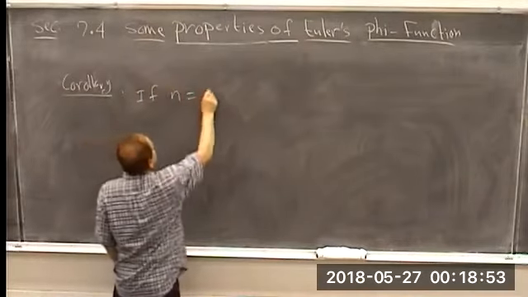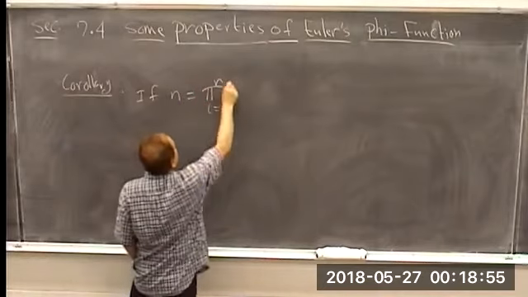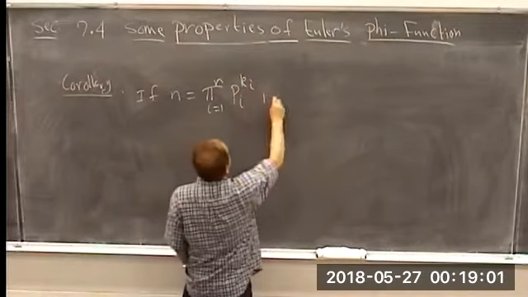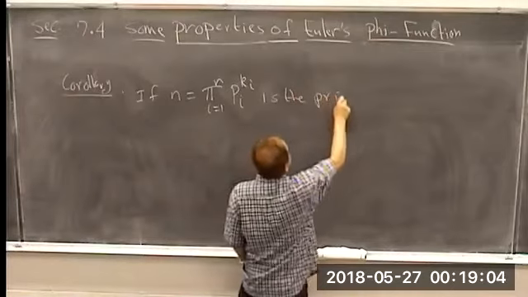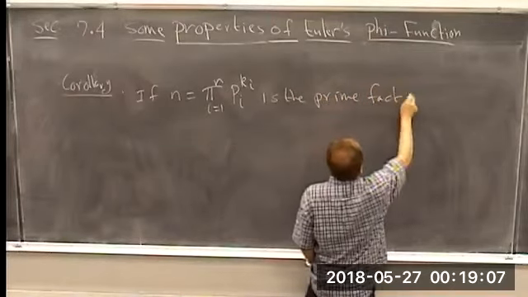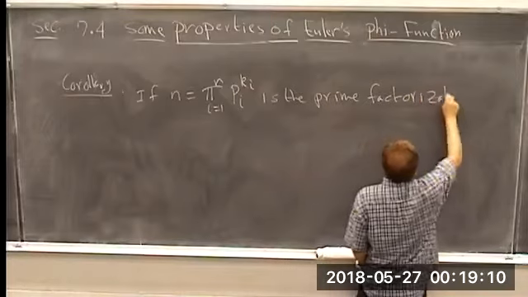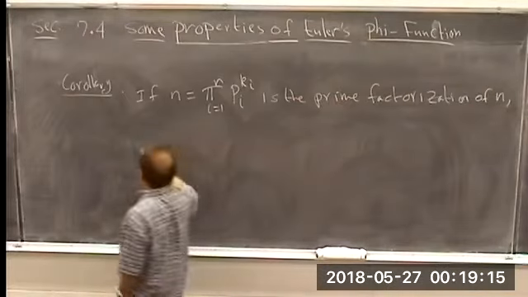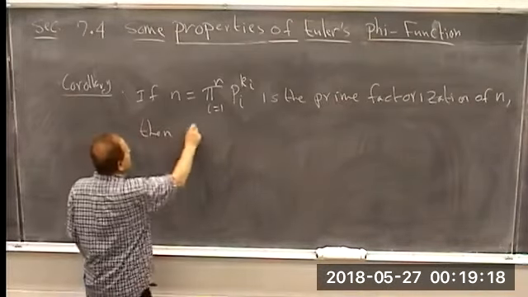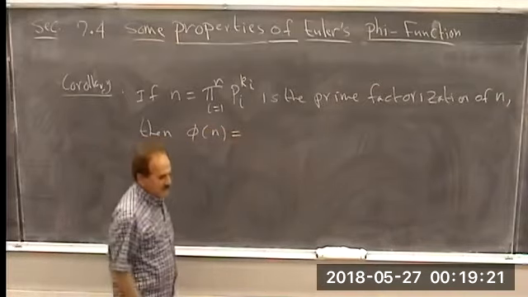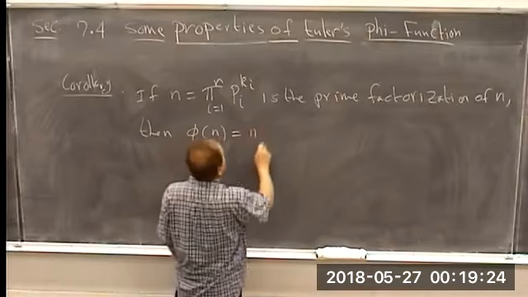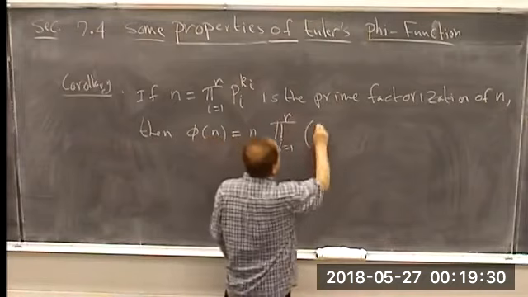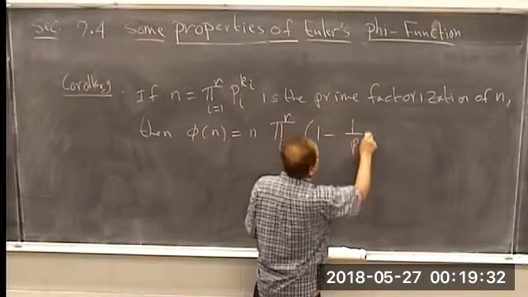If n is the product from i equal 1 to r of p sub i to the k sub i, the prime factorization of n, then as we know, phi of n is equal to n times the product from i equal 1 to r of 1 minus 1 over p sub i.